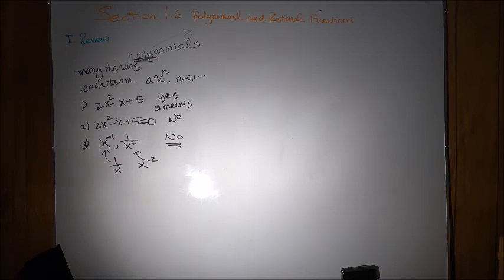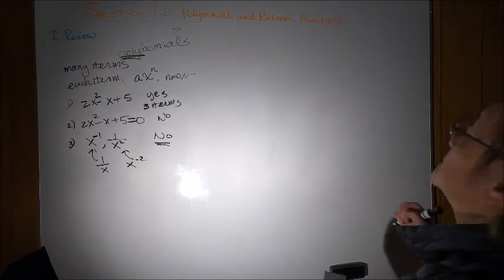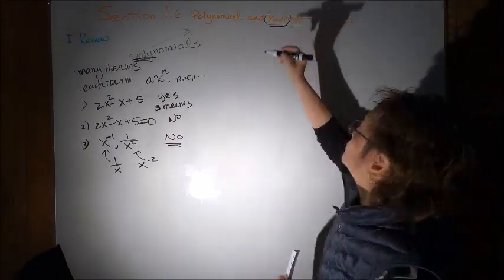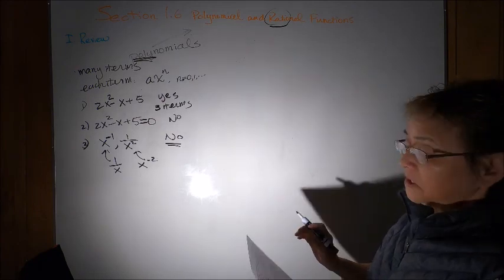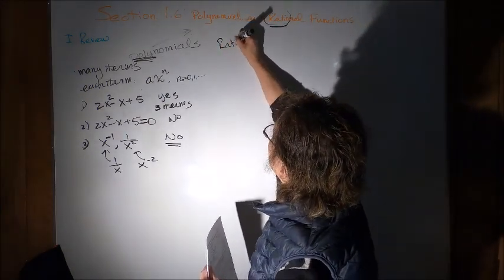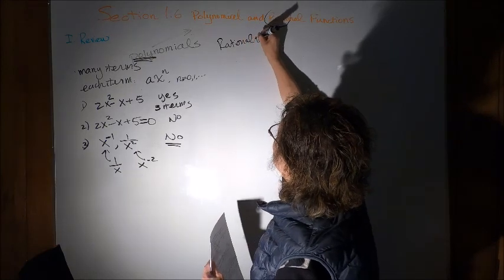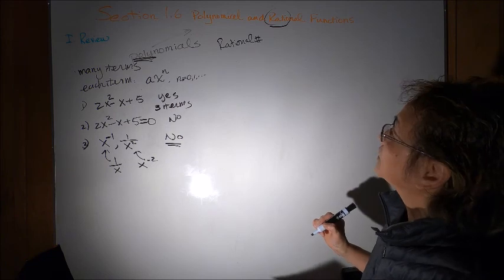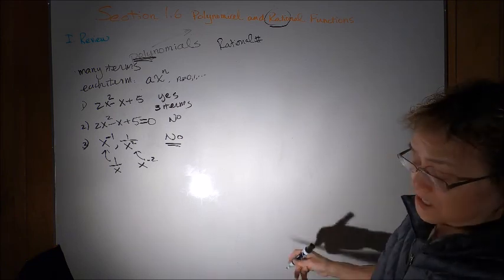Then let's talk about something called rational. Rational means ratio. We mentioned rational numbers, right? What does rational number mean?